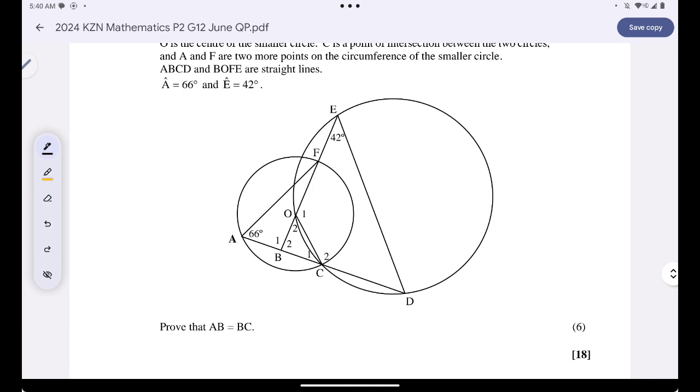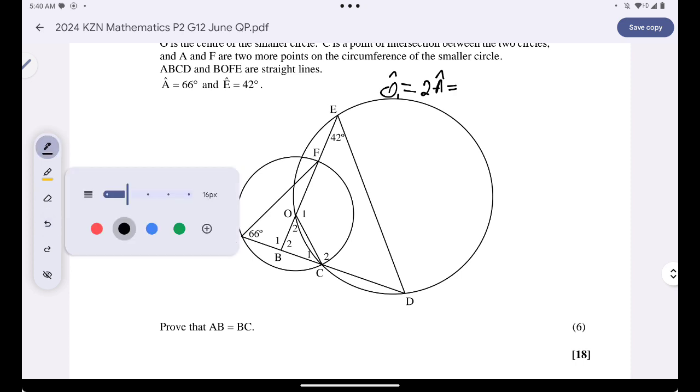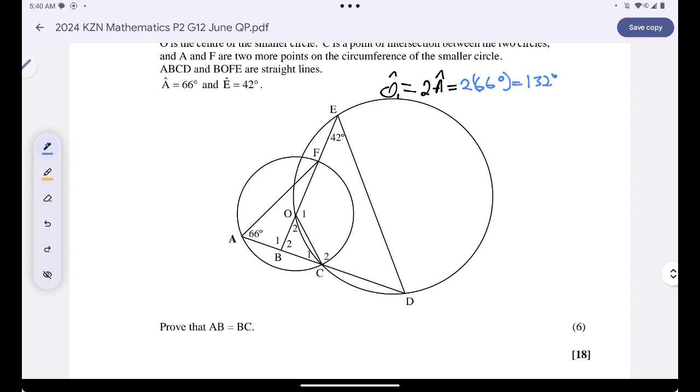Here I can simply say angle O1 is 2 times angle A, which is equal to 2 times 66 degrees, which is 132. But I don't have to write this. Let me just write it is 132 degrees.